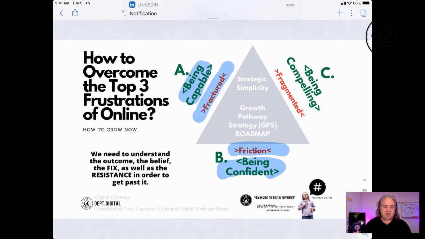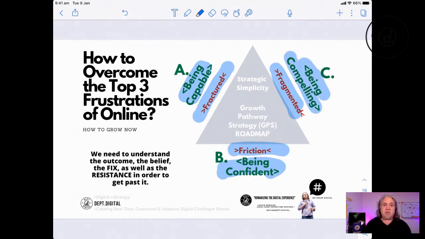If you're able to bring that to the forefront, if you're able to understand how to do that, you're reducing the friction, right? You're confident in what you do and how you do it through strategies and tactics and everything else, but that's reducing the friction. And then finally, feeling fragmented. How do we do that? Well, we need to be compelling. We need to understand how we can create an offer, how we can create an experience, how we can create an ecosystem that really ties our audience together and helps them understand that journey of transformation that we're bringing them on.